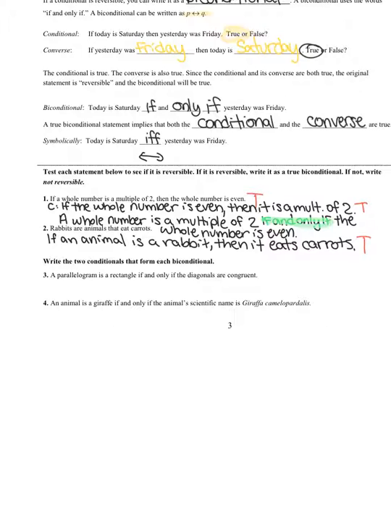So then I do the converse. If an animal eats carrots, then it is a rabbit. And is this one true or false? Think about it for a moment. Now I need an animal that eats carrots.